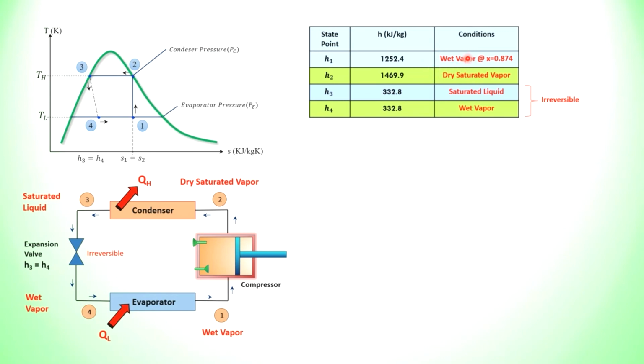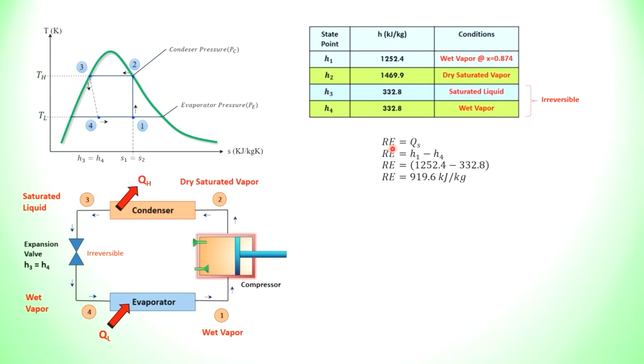So point 1, we have found the dryness fraction, which is a wet vapor. Point 2, which is dry saturated vapor, I have found the enthalpy. And then saturated liquid H3, I also have the enthalpy. And since 3 to 4 is an irreversible expansion process, they are equal. This is saturated liquid. This is not wet vapor. This is a mixture of vapor and liquid. My mistake here again.